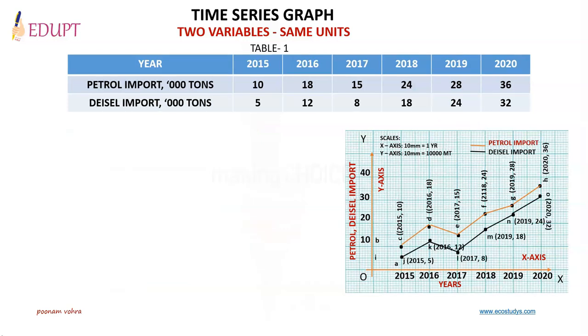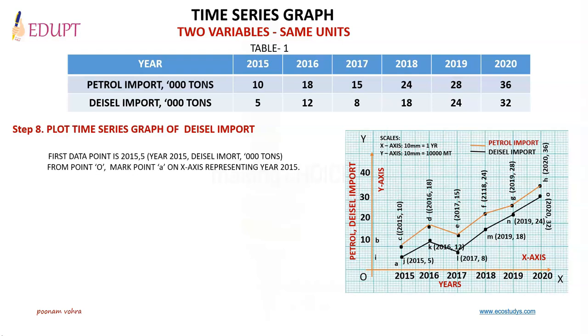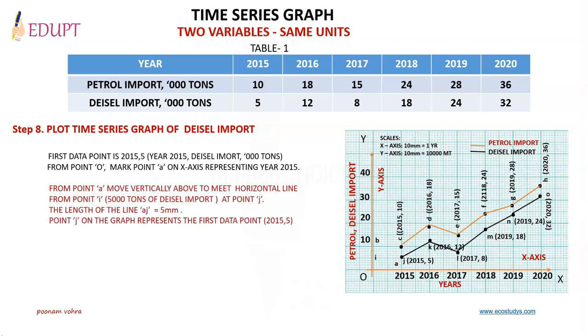On the same lines, one can then plot diesel import points, again coordinating the year with the diesel import. In 2015, it is 5,000 tons import. In 2016, it is 12,000 tons import. In 2017, 8,000 tons. In 2018, 18,000 tons.